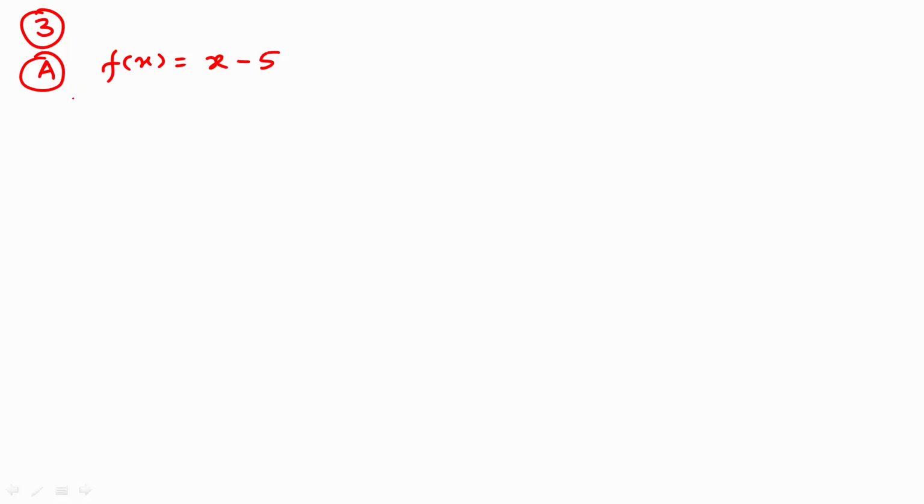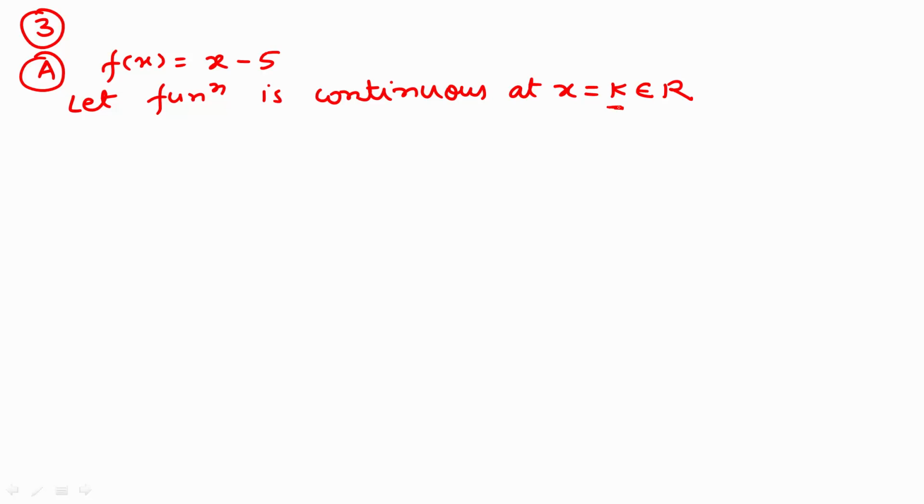Let the function be continuous at x is equal to k, where k belongs to the set of all real numbers. So now we have to prove that this function is continuous for this point k.